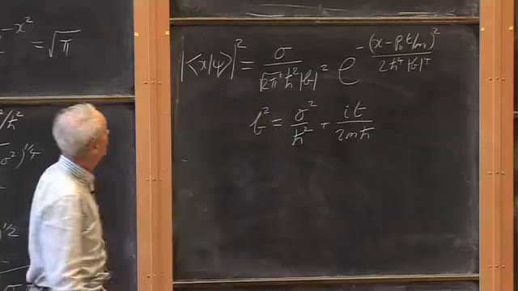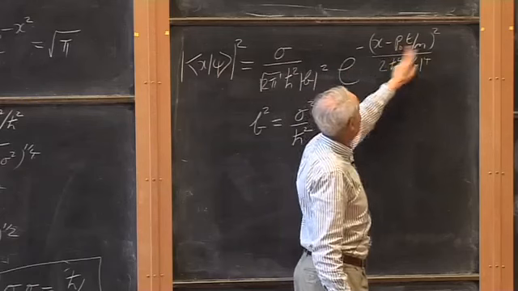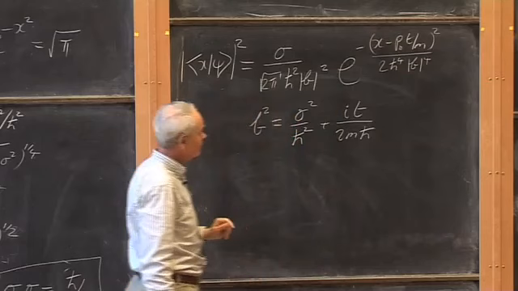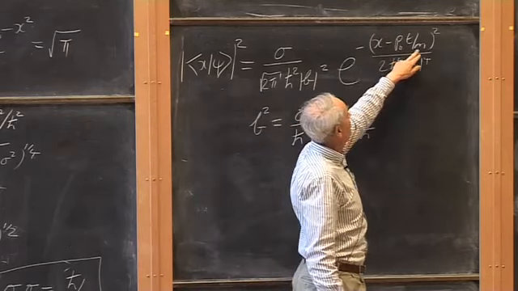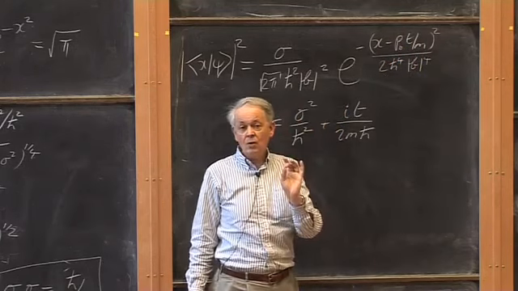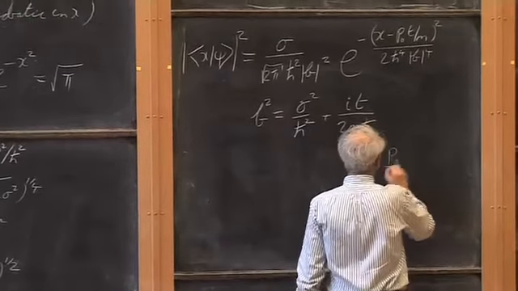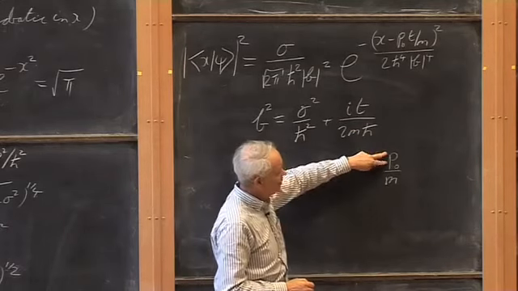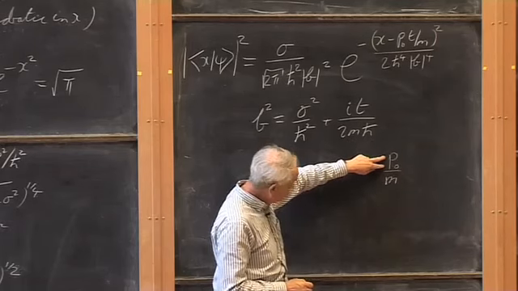So what have we got? This is a Gaussian distribution in x. At any fixed time, it's a Gaussian distribution in x. The center of the Gaussian is at p0 over m times time, which means that it's centered on what one would call v times time, right? Because p0 over m, we said this was the mean momentum, the expectation value of the momentum of our original wave function.